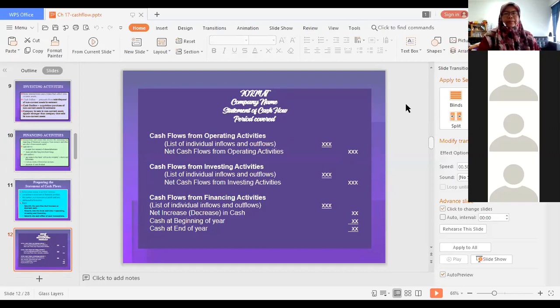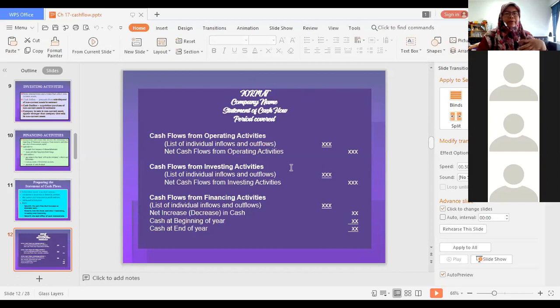Do you have your textbook with you? Yes. Format of the statement of cash flow. Statement of cash flow is also part of your financial statements. So previously you have done SOPL, you have done SOFI. So this is the third one, which is statement of cash flow.